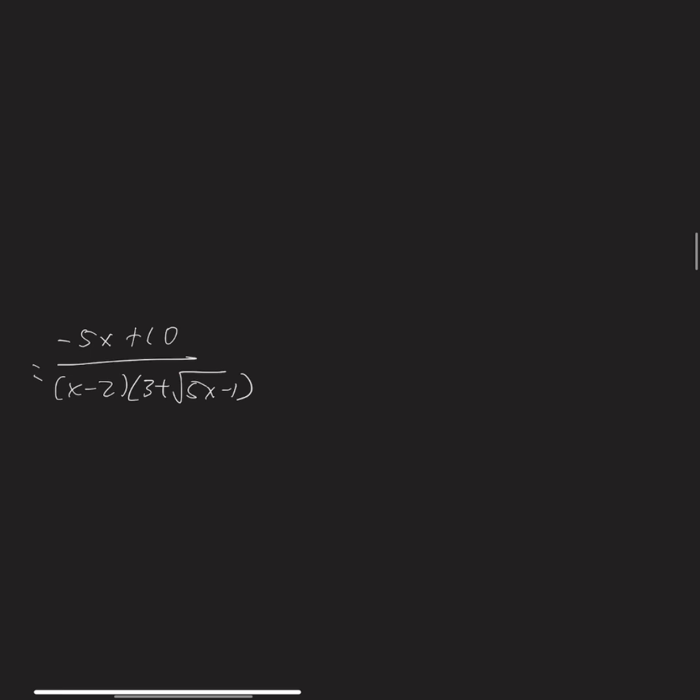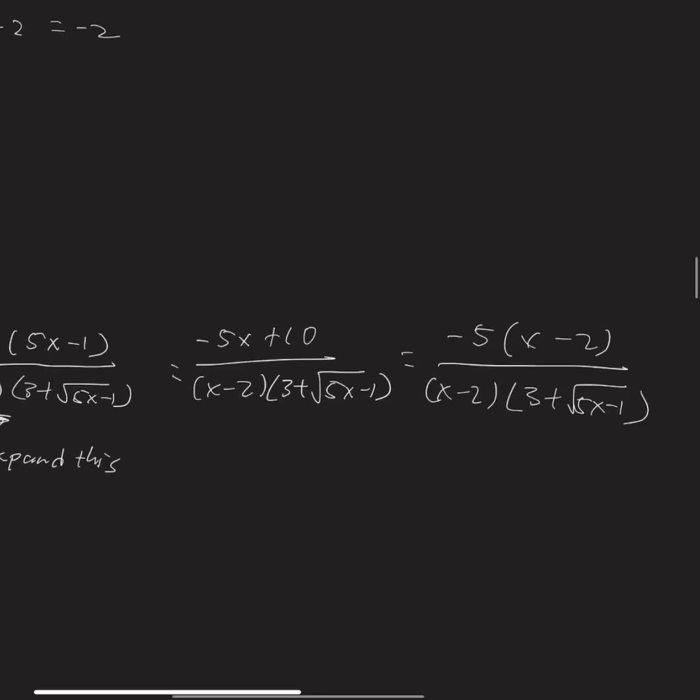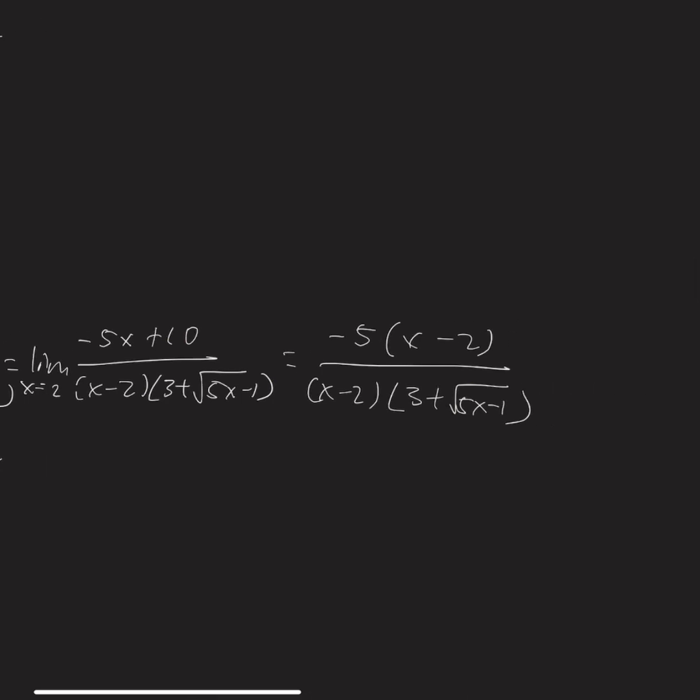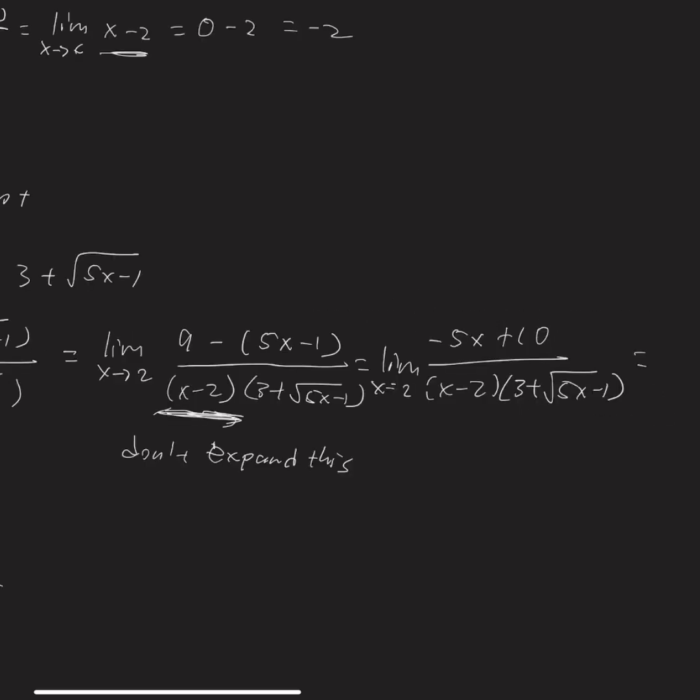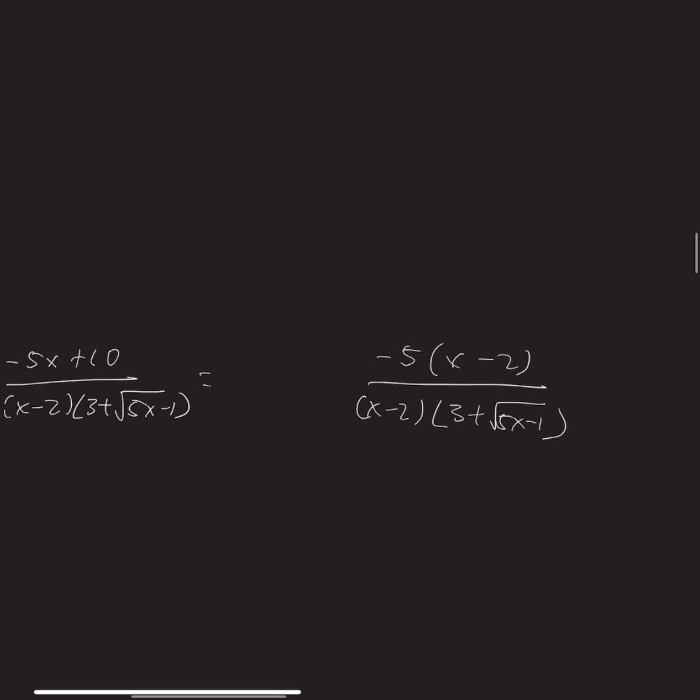What is this equal to? Well, we can factor out a negative 5 from the numerator. Negative 5 times x minus 2 over x minus 2 times 3 plus square root of 5x minus 1. Oh, what did we forget here? We forgot the limit symbol again. It's the limit as x approaches 2.